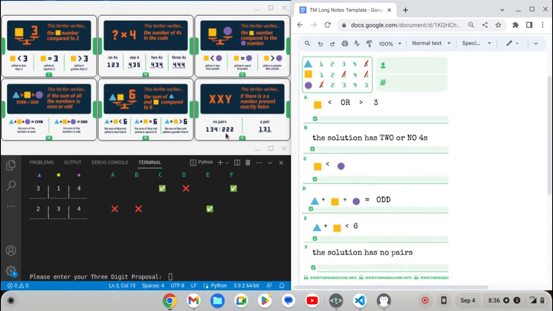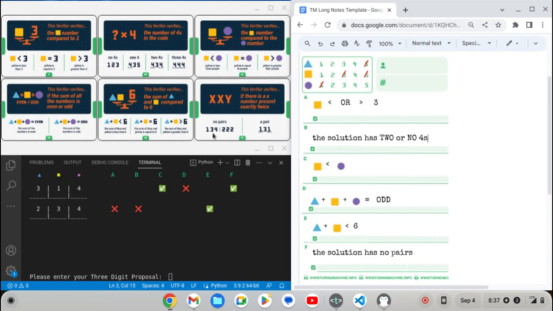So you can knock those 2 out. And then if it was 3 of an odd, that sum would be odd, but notice that for each of the triangle, square, or circle, we have 1 crossed out. We have a 1 crossed out here, so we can't have 3 1s, we can't have 3 3s, and we can't have 3 5s. Okay, so at least we know they're all distinct.